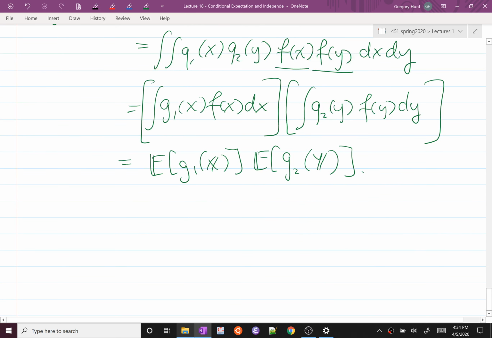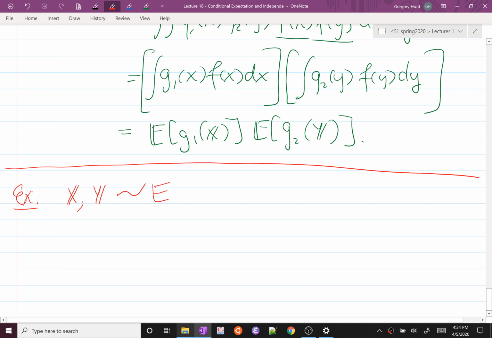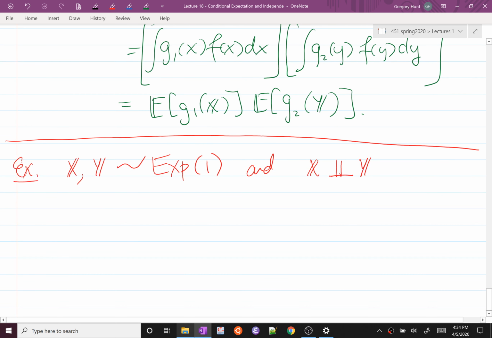So let's look at an example of applying that. I'm going to say both x and y are distributed exponential with rate parameter 1, and x is independent of y.